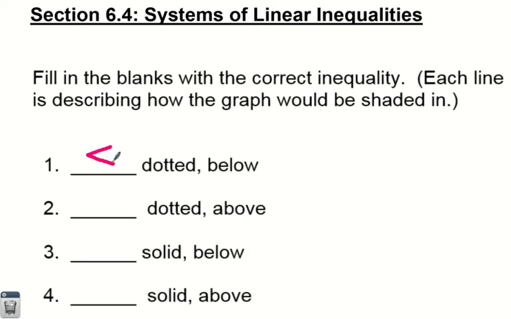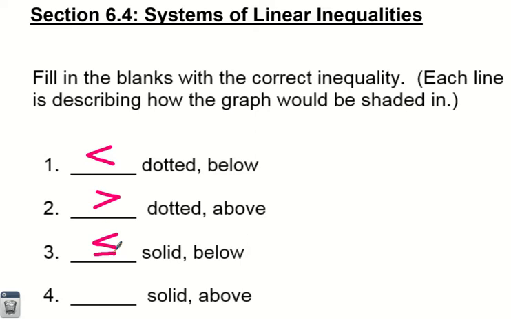Again, this is review from last section. Dotted and above, or dashed and above, would be strictly a greater than. Now solid, there would be an or equal to, but we're shading below, so it's less than or equal to.